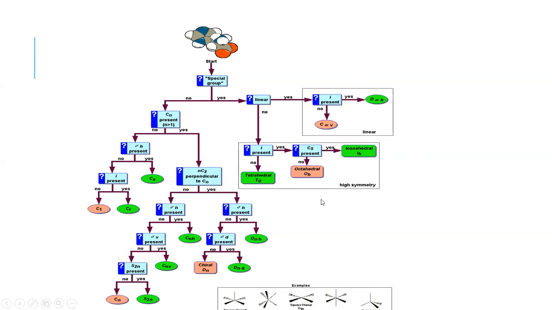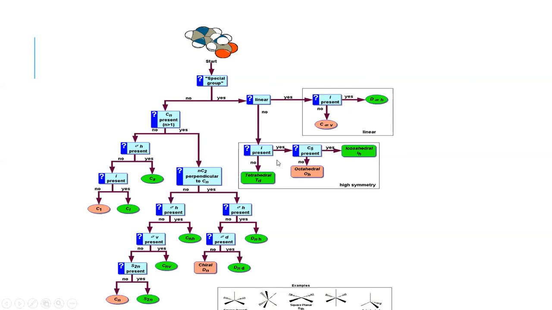Once again, I just want to tell that the special groups are the kind of molecules that are either linear or the molecules that have multiple Cn axes where n is greater than 2. If your molecule is linear, it can be either with a center of inversion, then your point group is D infinity h. And if your molecule is linear but does not have i, then it should be C infinity v.